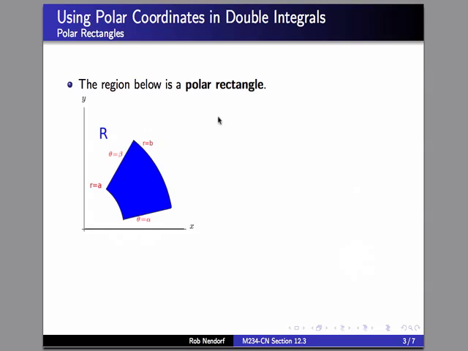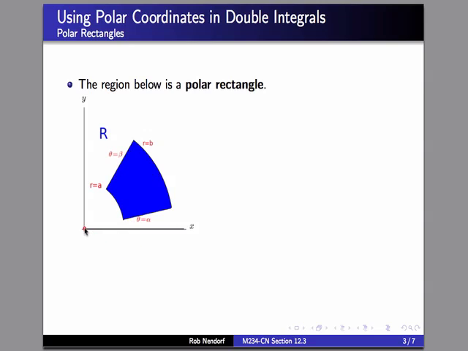So the basic polar regions are what you might call polar rectangles. A polar rectangle is a region in the xy plane that can be described by constant curves in terms of polar coordinates.